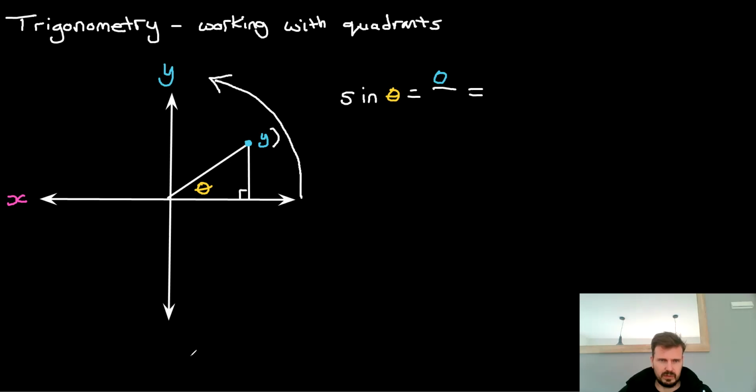So in the same way that you could say opposite over hypotenuse, you could say basically y over your hypotenuse. Now your hypotenuse is always positive.